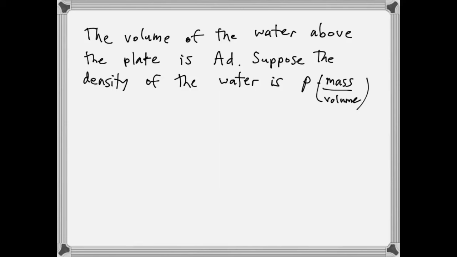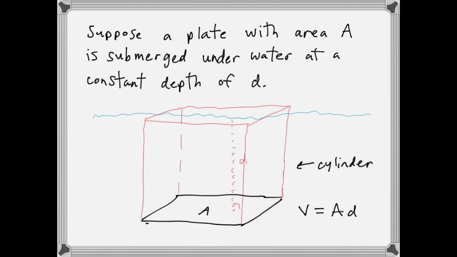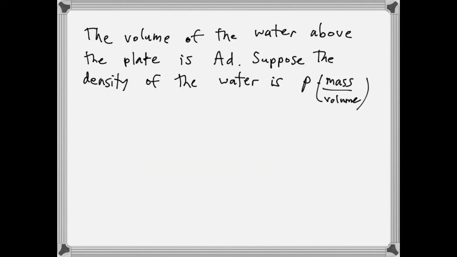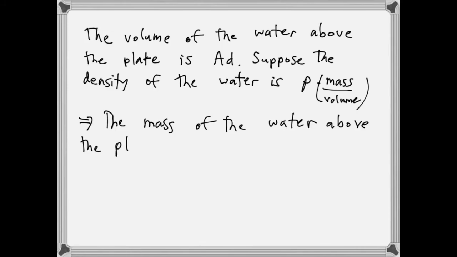So now that we know the volume is A times D, we can now talk about what the mass of the water is. So this implies that the mass of the water above the plate is the density times the volume.